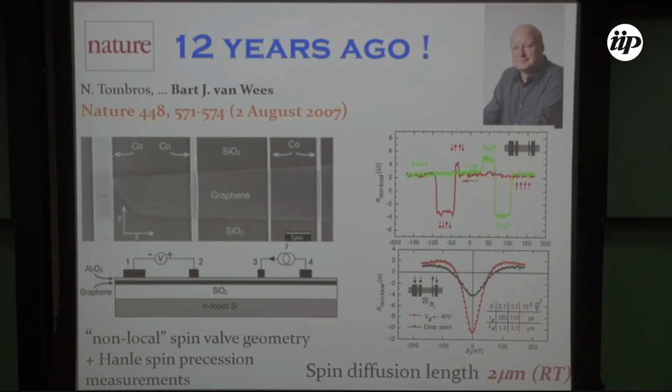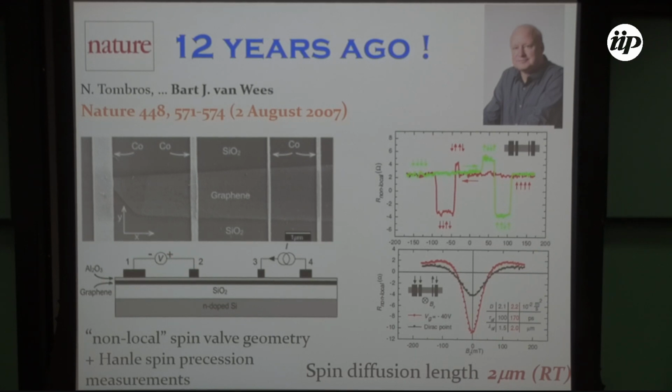Initially, after the discovery of graphene, Bart van Wees reported the first paper where indeed they could measure by these non-local transport measurements, which are a bit unconventional in the sense that you have a current somewhere in your device, but you measure a non-local voltage away from the current flow.